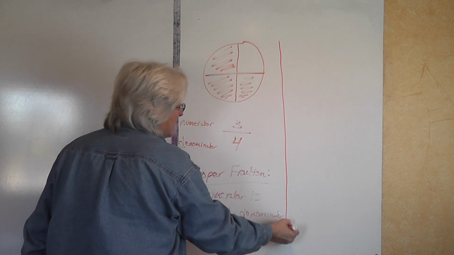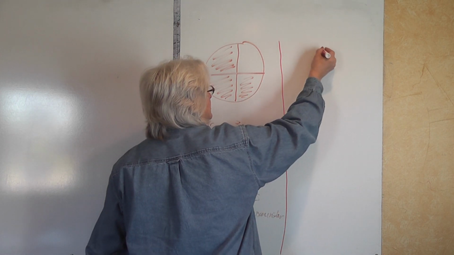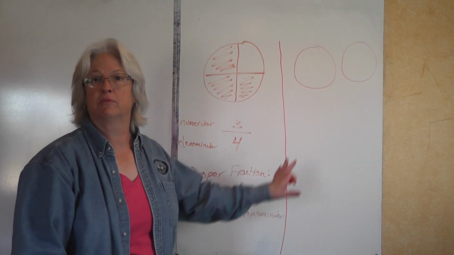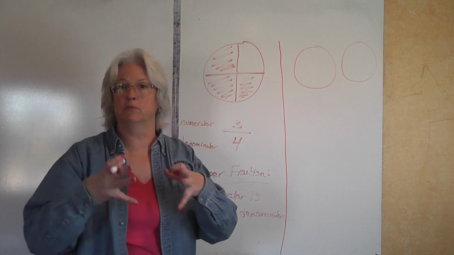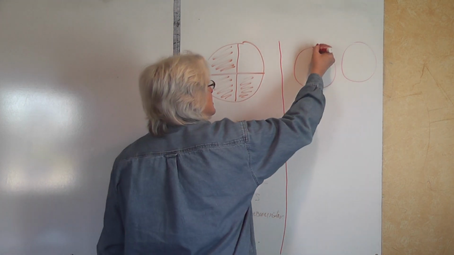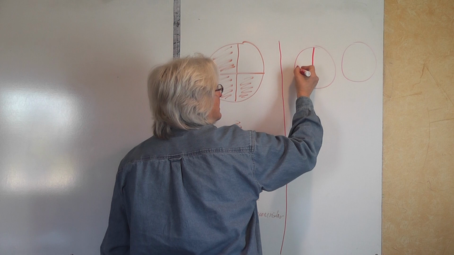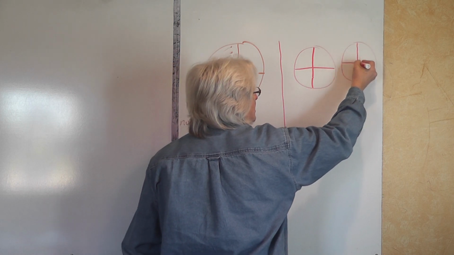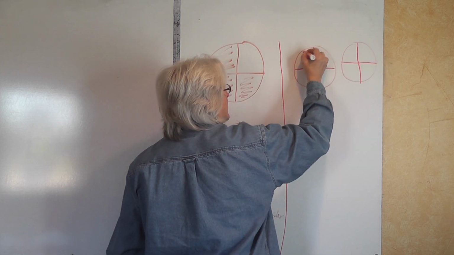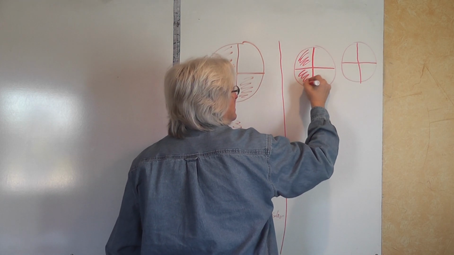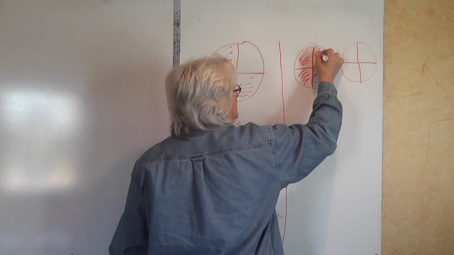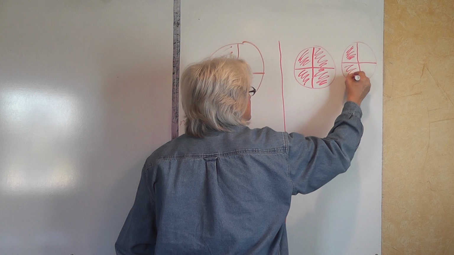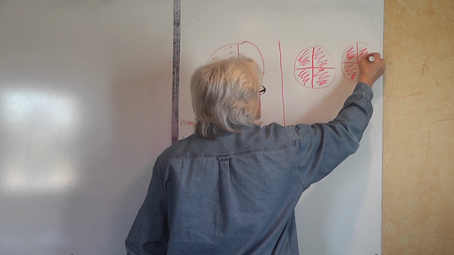And I'm going to use red here. I'm going to draw 2 circles. Circle 1, circle 2. Make sure that you can see both of these. We're assuming that they are the same size circles, and that each of these are divided into 4 equal spots. And I'm going to shade 1, 2, 3, 4, 5, 6, 7.